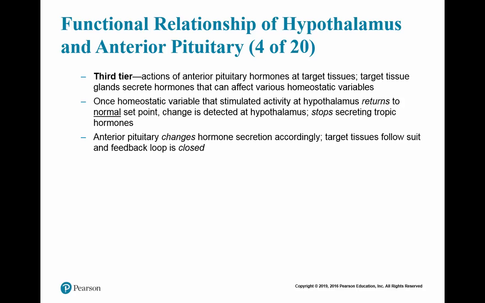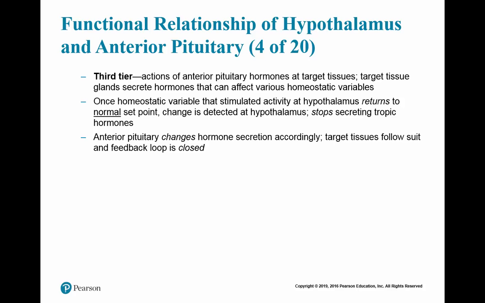Then you get to the third tier where the hormone coming from the anterior pituitary gets to the target tissue. And depending whether it was a stimulating hormone, the target tissue will secrete the hormone, or if it's an inhibiting hormone, the target tissue won't secrete the hormone.